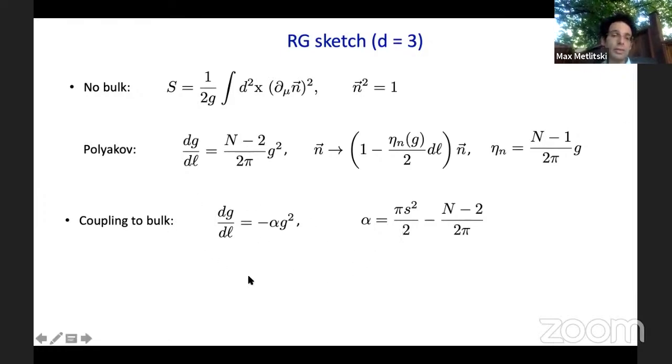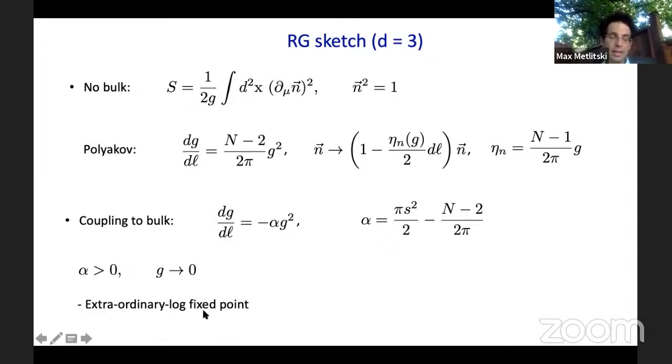So what is the fate of this theory? Well, the answer depends on whether alpha is positive or negative. If alpha is positive, then in the infrared, G flows to 0 logarithmically, and this is the advertised extraordinary log fixed point. G is this marginally irrelevant coupling, which we already alluded to several times in discussions.